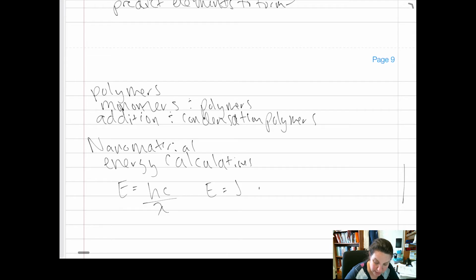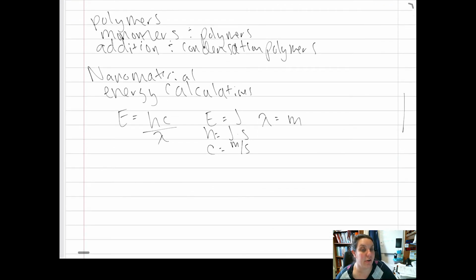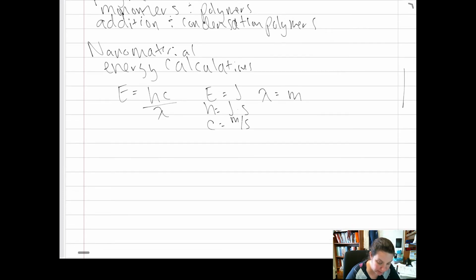Wavelength will be in meters, right? Because h is in joules times seconds. c is in meters over seconds. So we need joules and meters. So make sure you can convert into joules. Make sure you can convert into meters. Understand how band gap and particle size are related.